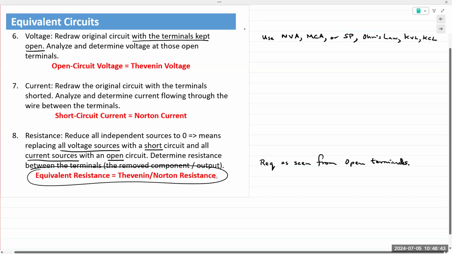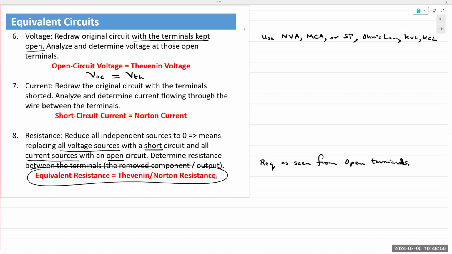This is the open circuit voltage, and this open circuit voltage is VTH. So your Thevenin voltage is the voltage you would measure between the open terminals.